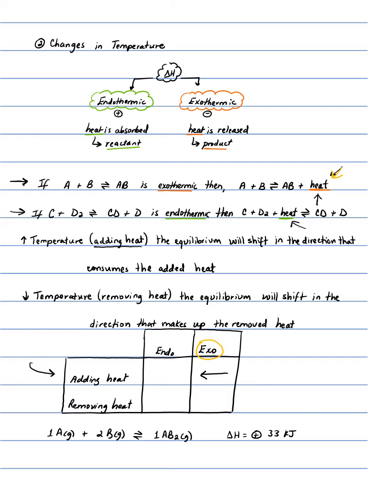You're adding something that you have on the product side, so your reaction is going to find a way to use up that amount that is being added. To use up that amount that is being added on the product side, the reaction needs to form more of the reactants, using up that amount that is being added to form more reactants.